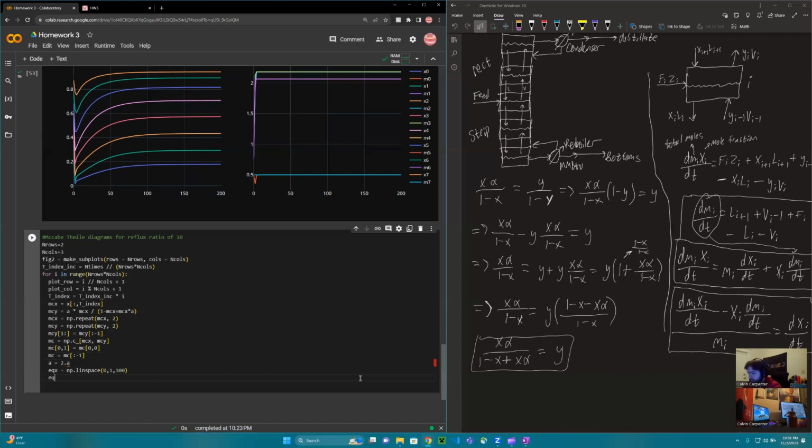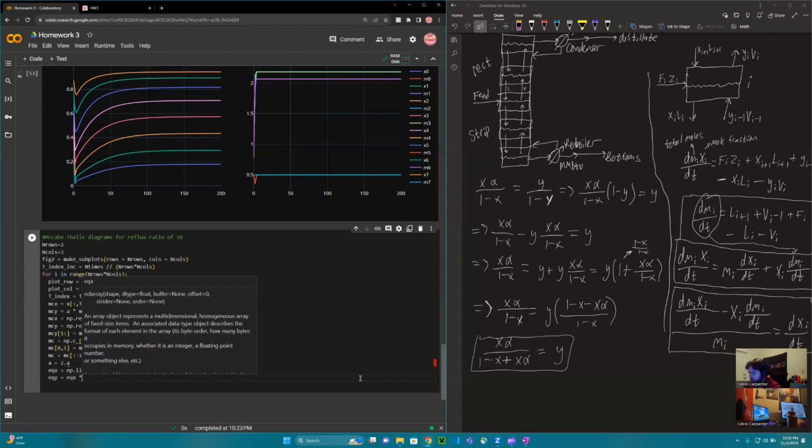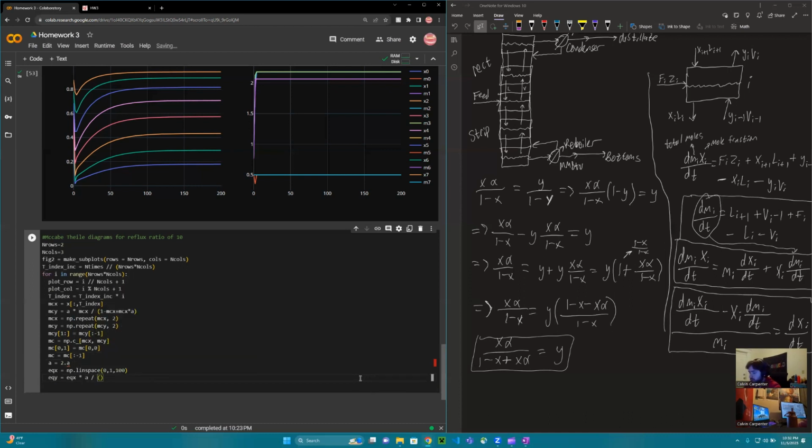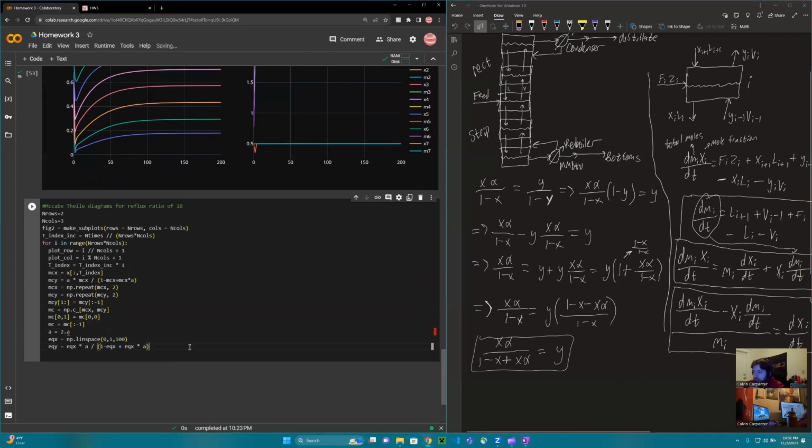And then EQ y is equal to EQX times alpha divided by, in parentheses, 1 minus EQX plus EQX times alpha. If you notice, we've been using the same equation. You see it here, it's all just this equation. Okay.